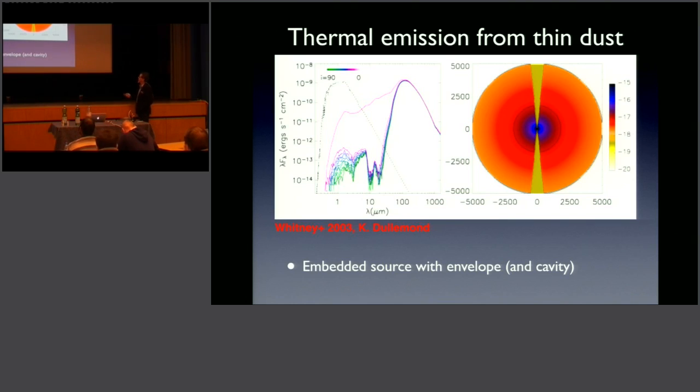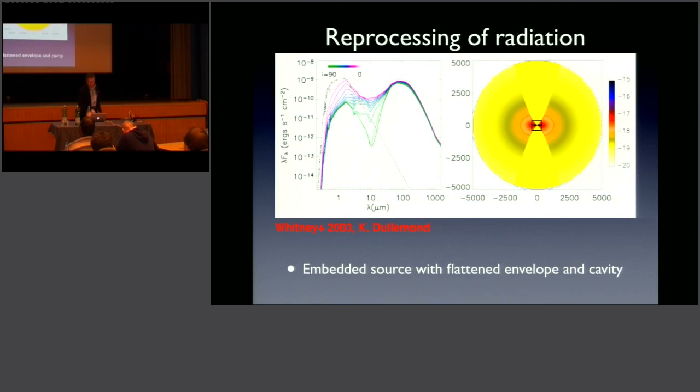If you are looking through the cavity, you see the central object. If you reduce the opacity of the envelope, increase the size of the cavity and flatten the structure, you are evolving from a core with a central protostar to a core with an inner flattened structure that starts to form a disk.